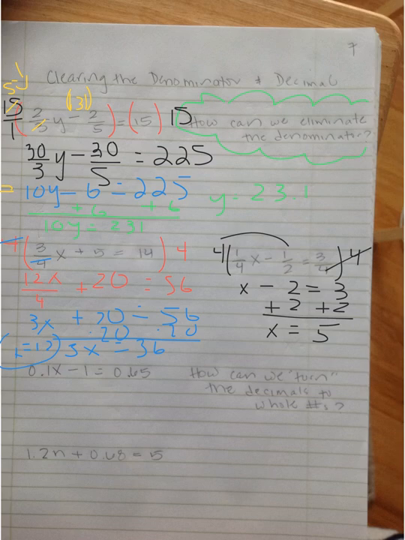So how can we turn the decimals into whole numbers so we don't have to work with the decimals, if we're more comfortable working with whole numbers? So if you take a look at this problem, we have 1/10 x minus 1 equals 65 hundredths. What we're always going to be looking at is the decimal that has the most place values.